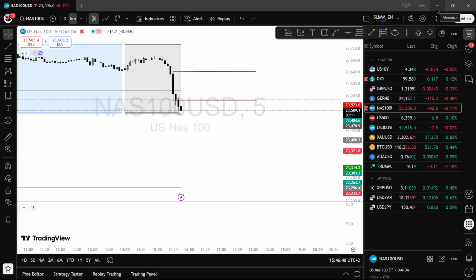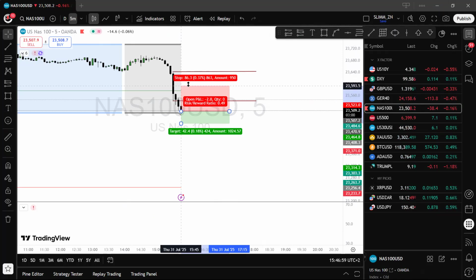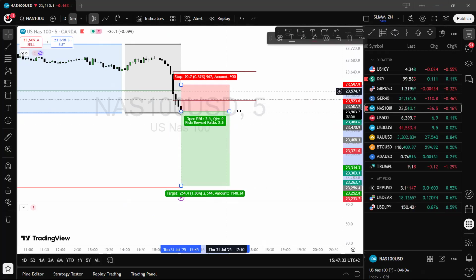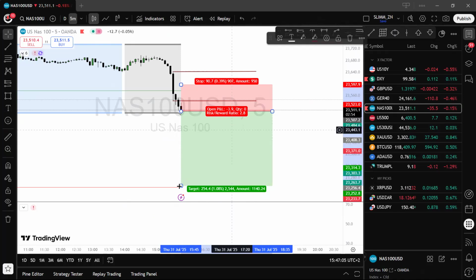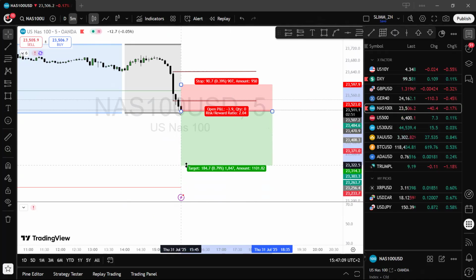Let's see. Okay, so my setup is looking like this. Stop loss is above yesterday's high, and we are aiming for the other side. So normally our 1:2 is going to reach somewhere here.